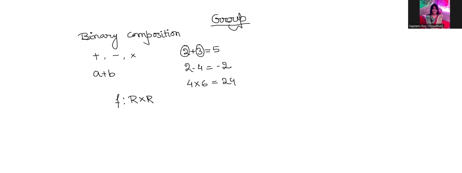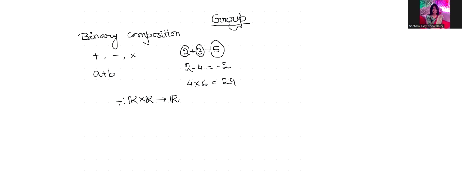After this addition, it goes to a single real number. Now in place of F, we remove F and mark it with plus. So this is called the binary composition. Binary composition is a mapping which maps R cross R to R.